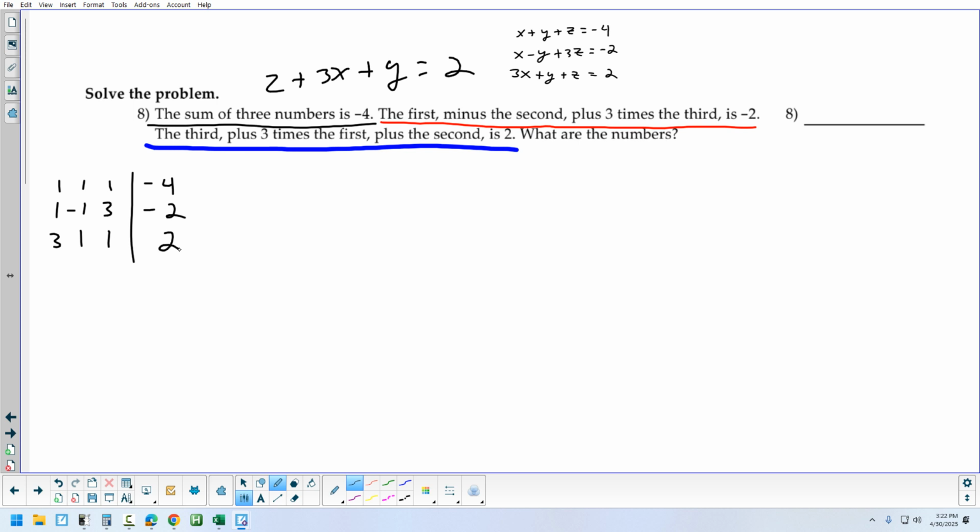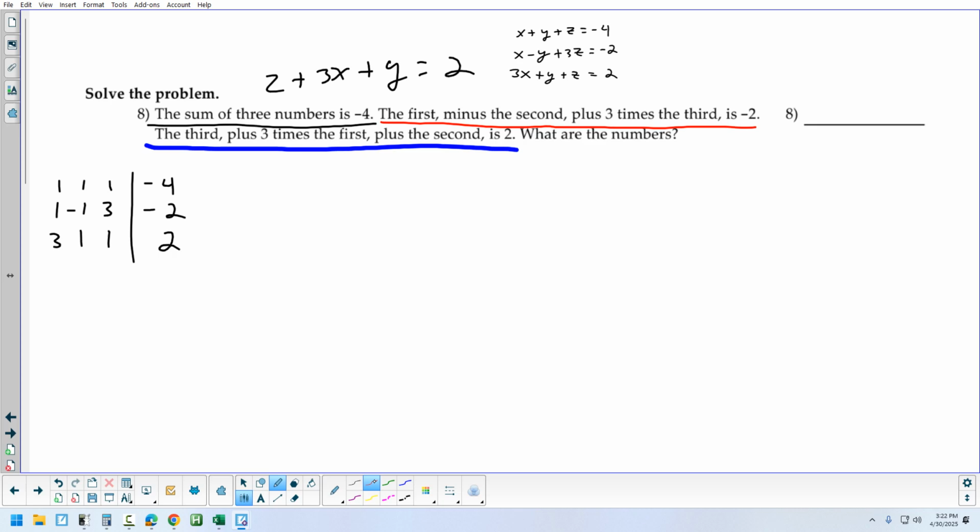Now, when we're doing a matrix, the first thing you want to do is get what number in what spot? You want to get the top left to be 1, which it already is, so we can skip that step. Then we want to get the row below it.